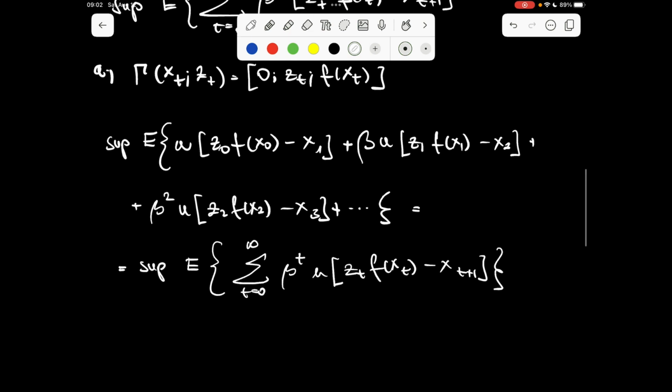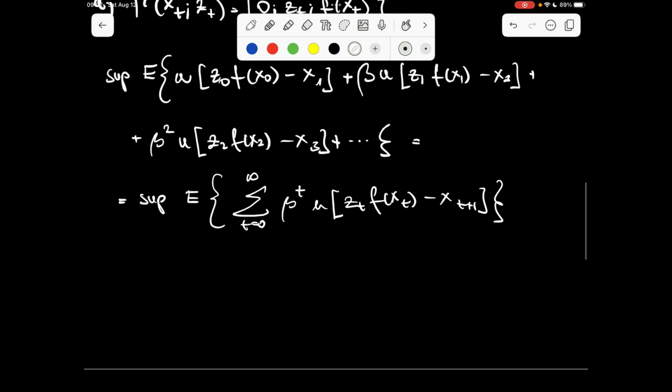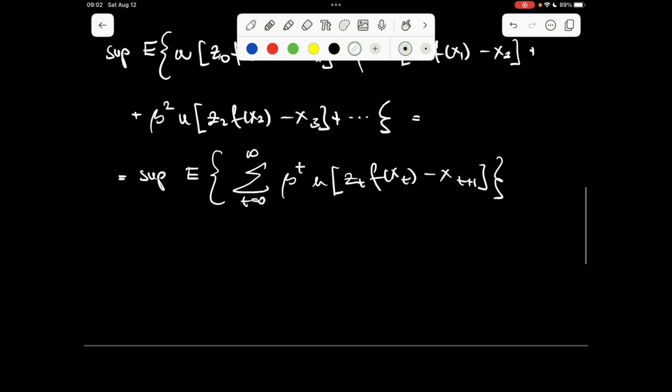All right. To calculate the expected value of the value, we need a probability measure. The shock is i.i.d. So in this case, we have this probability measure for the shock history.